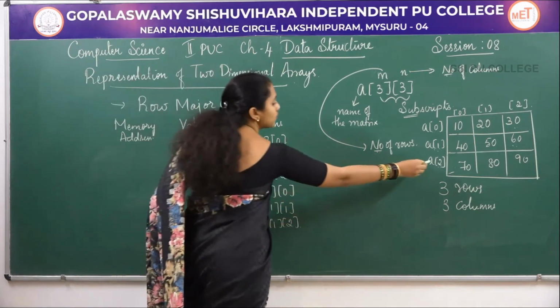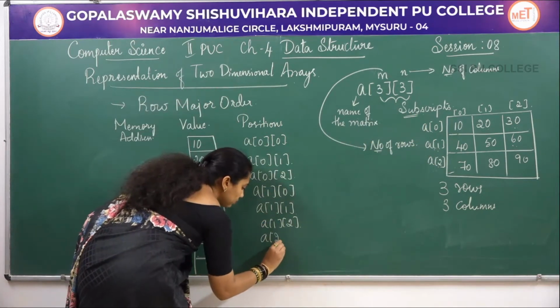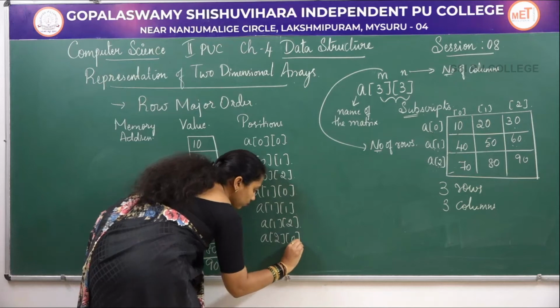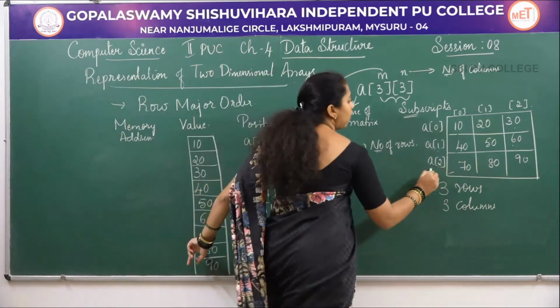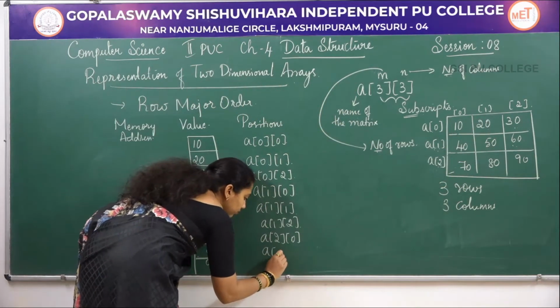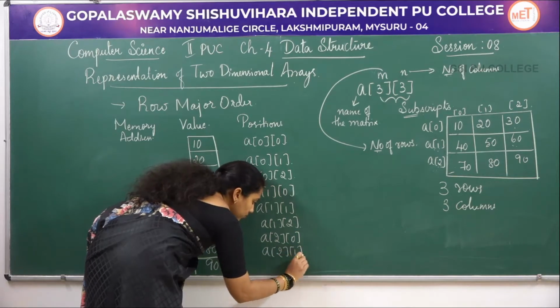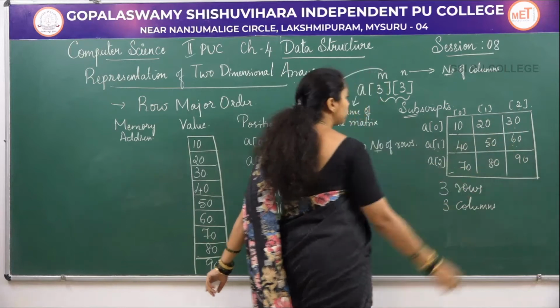A of 2, 0. What about 80? A of 2, 1. What about 90? That is A of 2, 2.